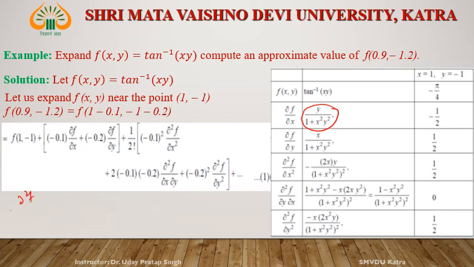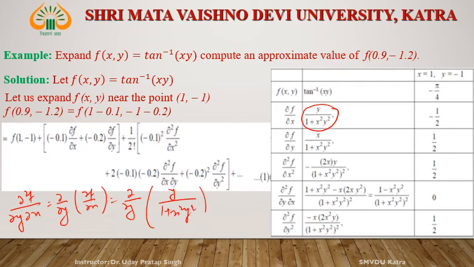Dou 2f by dou y dou x, that is dou by dou y of dou f by dou x. This is dou by dou y of y by 1 plus x square y square, that is 1 plus x square y square into derivative of y, that is 1, minus y into derivative of denominator, 2xy square, divided by 1 plus x square y square whole square, right?